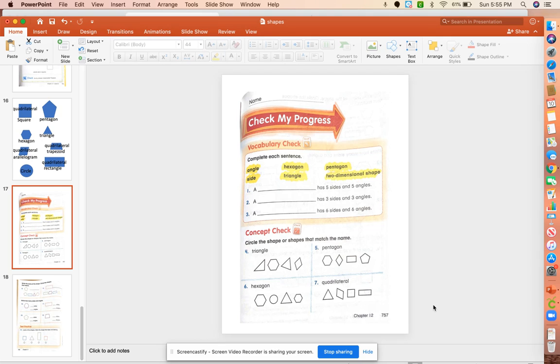Number 5, I'd like you to circle the pentagon. Number 6, I'd like you to circle the hexagons. Number 7, remember it's that word again, quadrilateral. Use your helper if you need any help on that one.